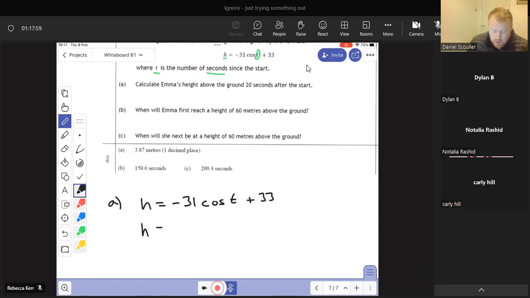So we're looking for h, negative 31 cos 20 plus 33. And that just goes in the calculator. So negative 31 cos 20 plus 33 is 3.87 meters.